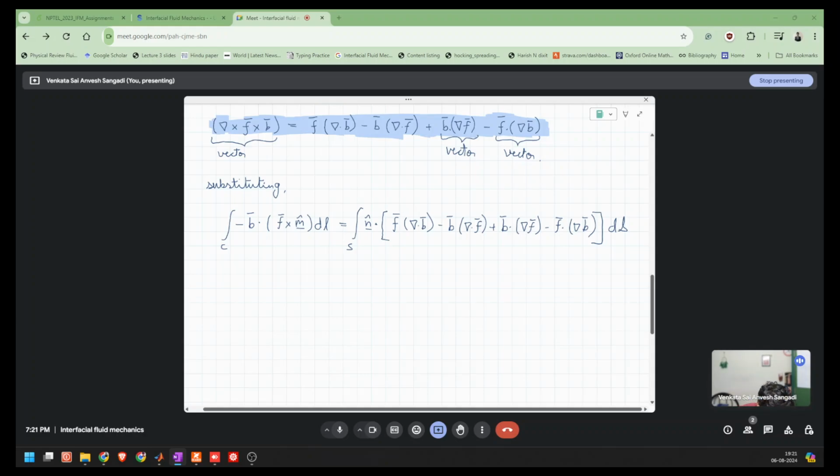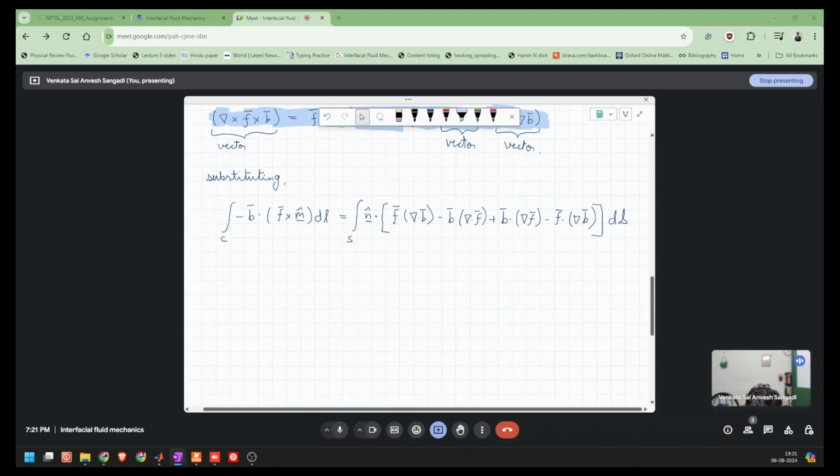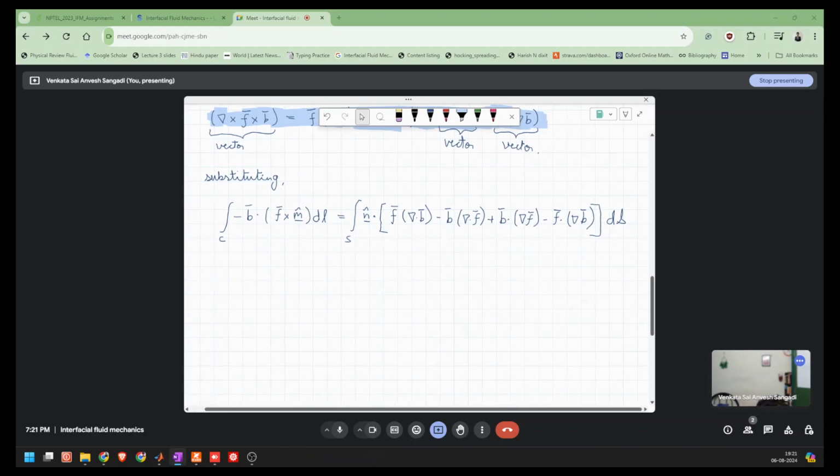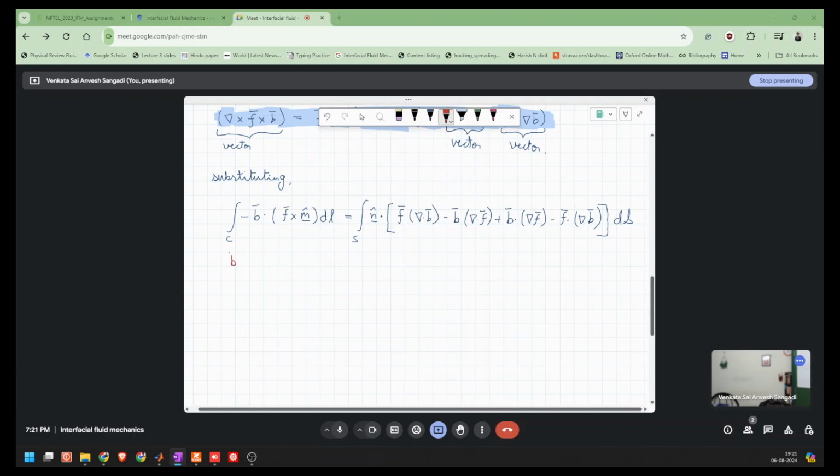Okay, now if you notice here, we assumed that our B vector is arbitrary and constant, or more precisely, constant and arbitrary.